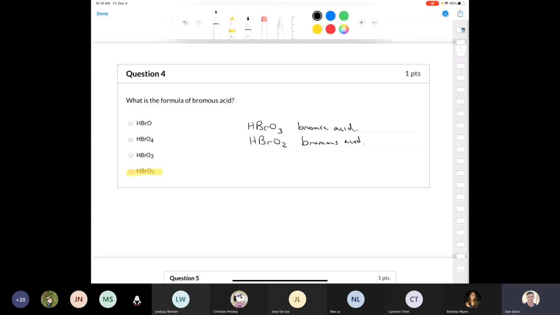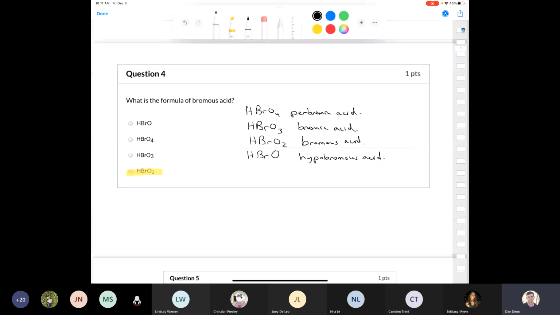If you lose yet another oxygen, it becomes hypobromous acid. Where I was going in my brain was to HBrO4, which is perbromic acid. All right, there we go.